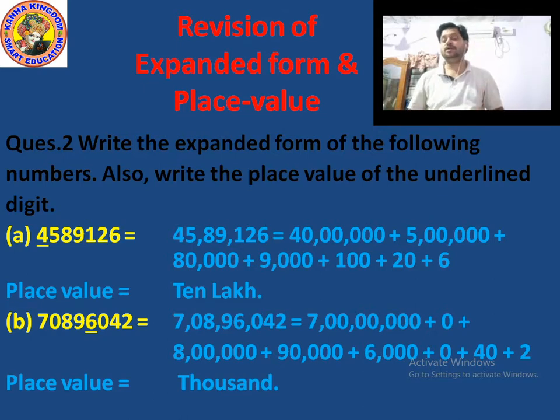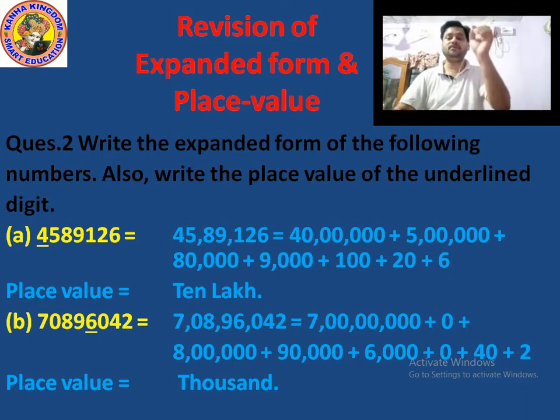How? See, first starting from the left hand side in crores period. So first is 7, then comma, and the rest all the numbers, whatever digits in lakhs period, thousands period and ones period, are converted into 0.